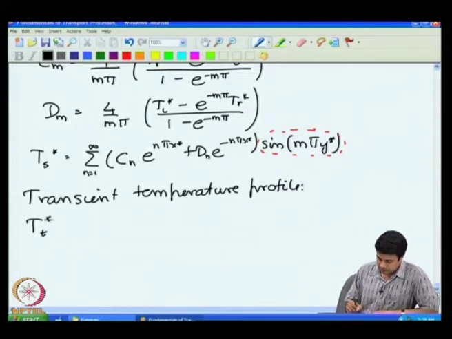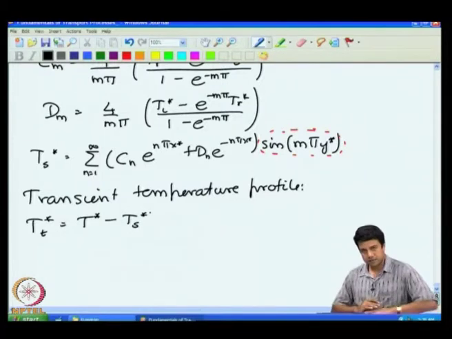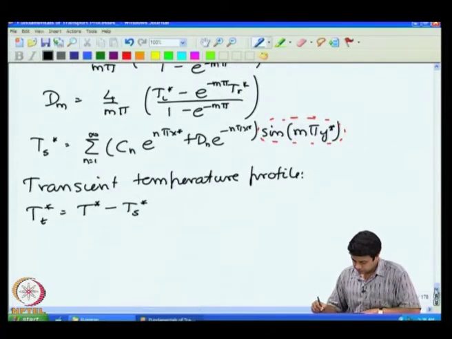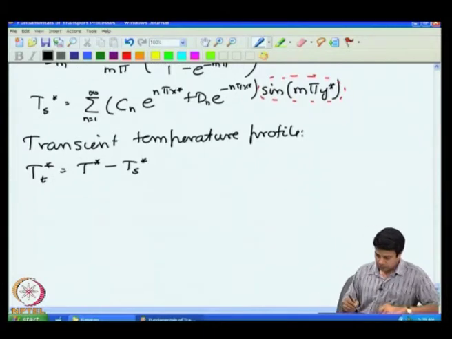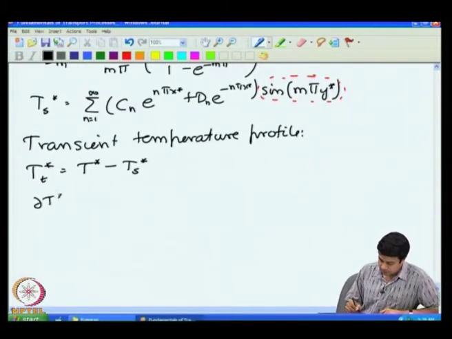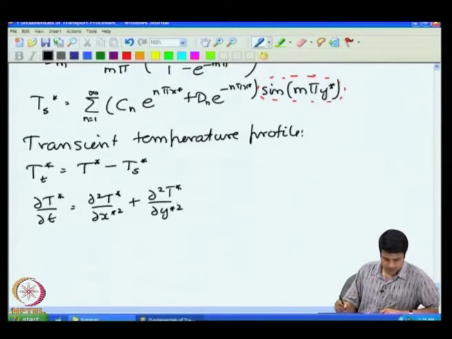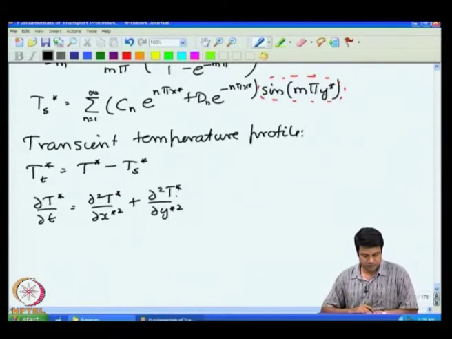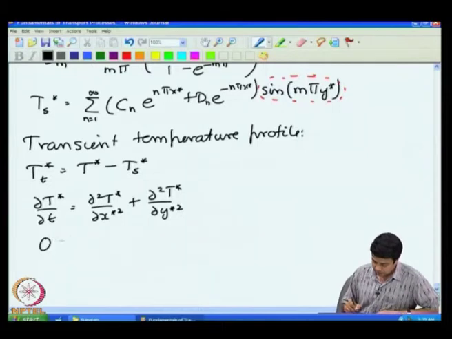The transient temperature was defined as the actual temperature minus the steady temperature. The actual temperature satisfied the equation, this was the equation that was satisfied by the actual temperature. The steady temperature satisfied the equation d square T steady.